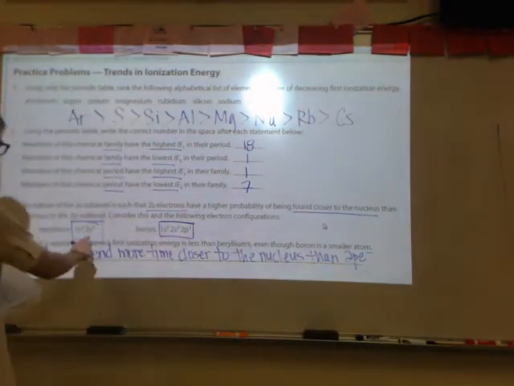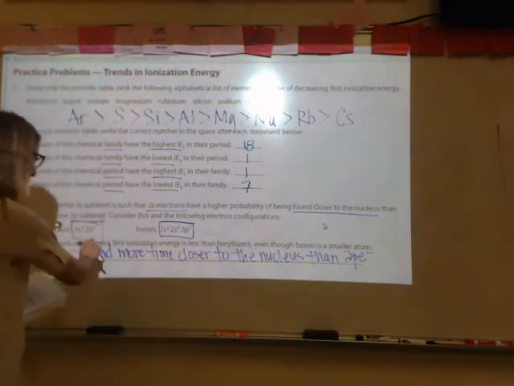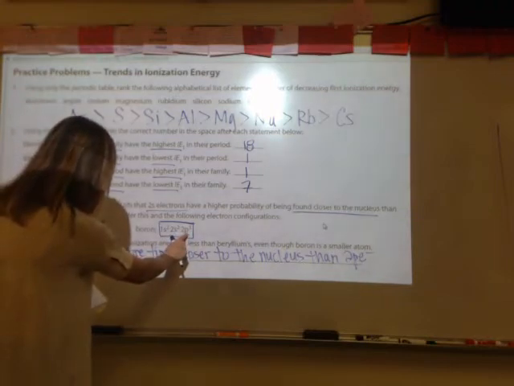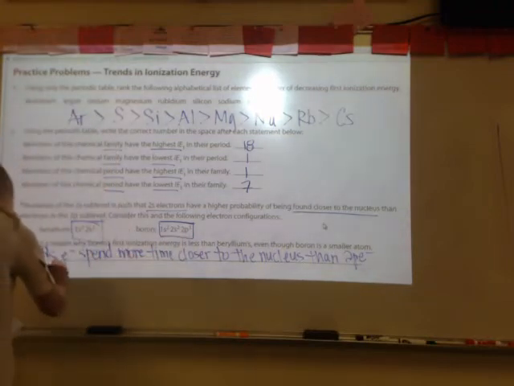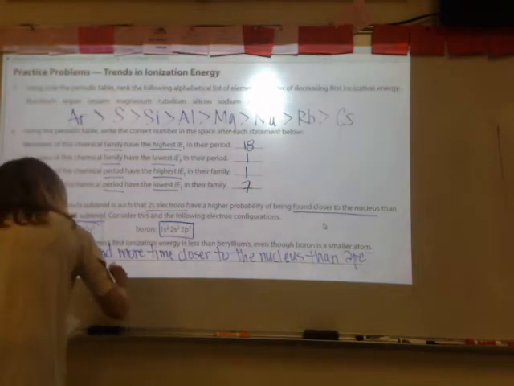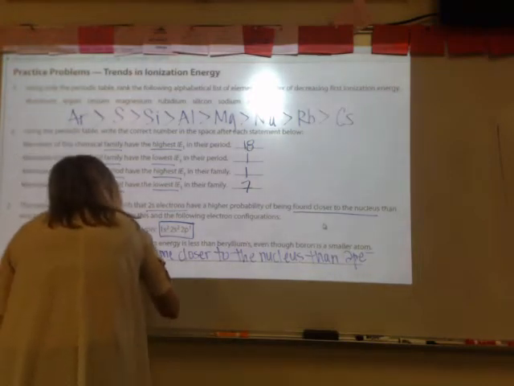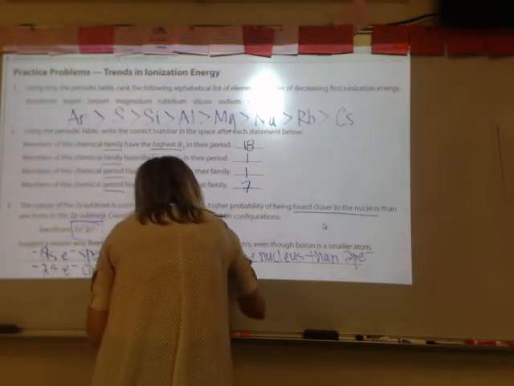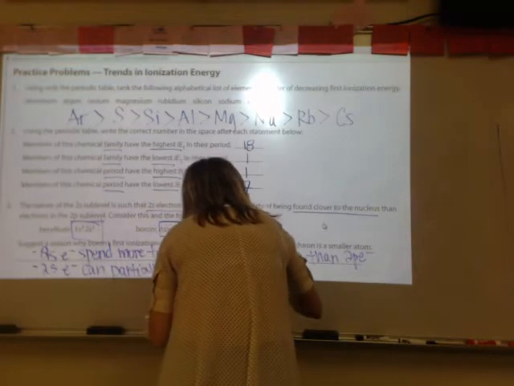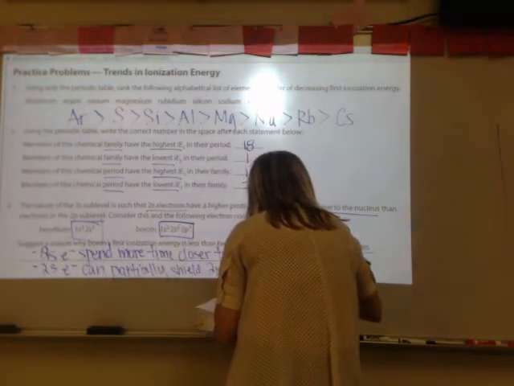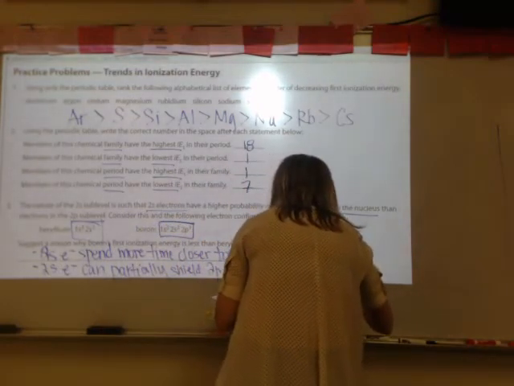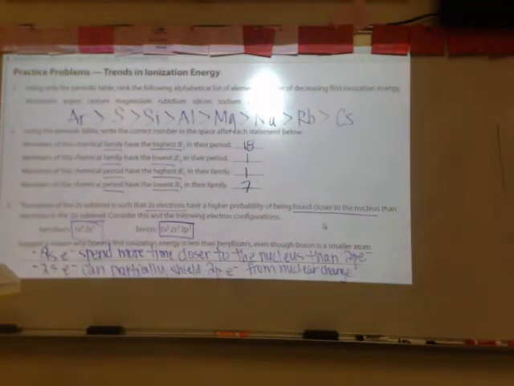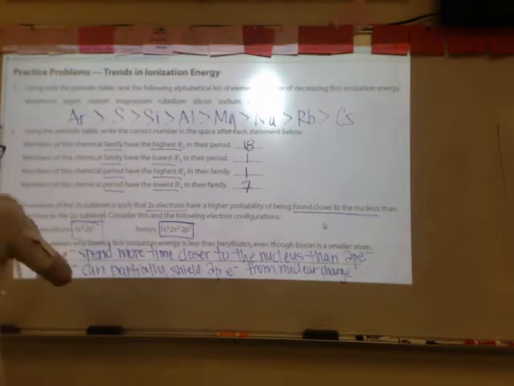And the 2s electron could partially block the positive charge experienced by the electron in 2p. And this could make it easier to remove an electron from boron than from beryllium.